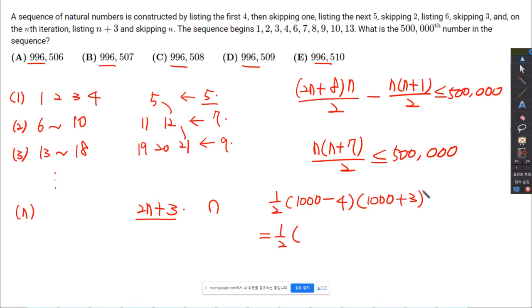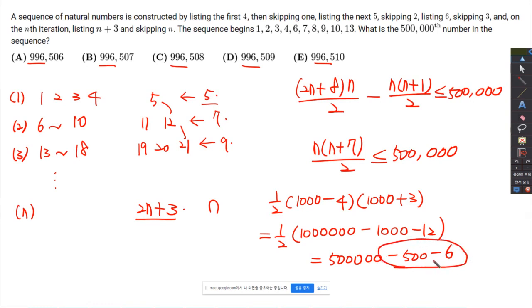So when you open the parentheses, we have this expression, and when it's divided by 2, this means from this 500,000, it lacks 506.